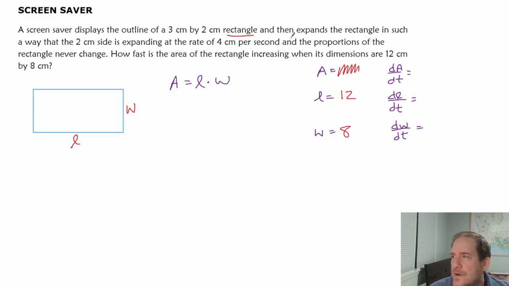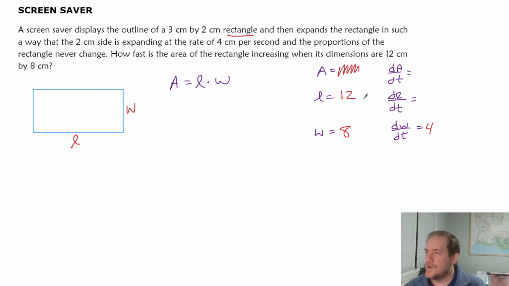And it says the rectangle is expanding in such a way that the 2 centimeter side is expanding at a rate of 4. 2 is the smaller one, so 2 is the W, and it's expanding at a rate of 4.